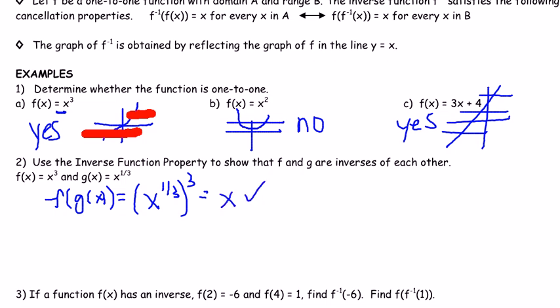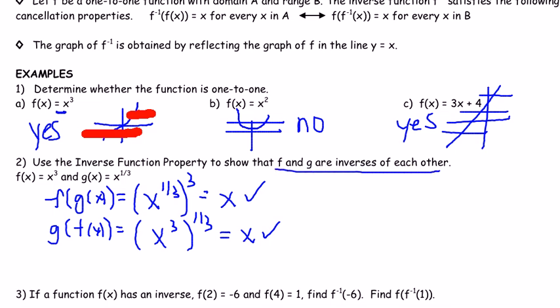Then we're going to do the opposite. We are going to do g of f of x. We're going to open up the function g, insert f of x inside and simplify, and we also get x. This is the algebraic test that shows that they are inverses of each other.